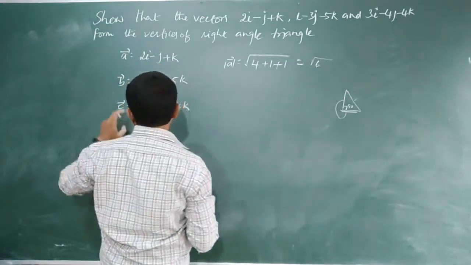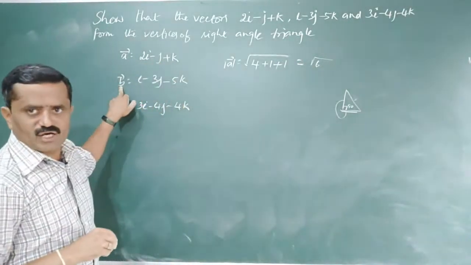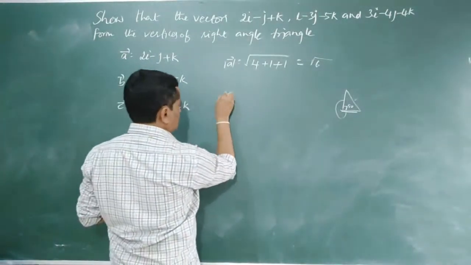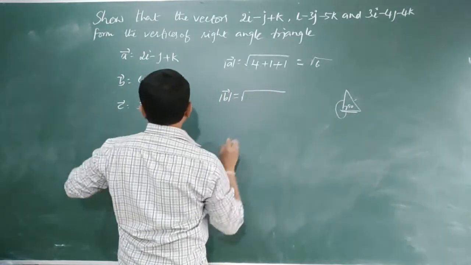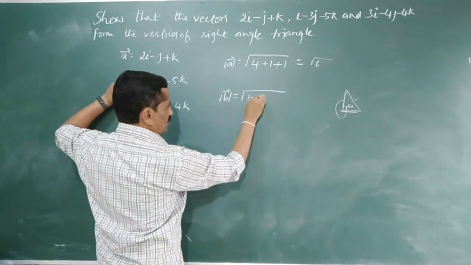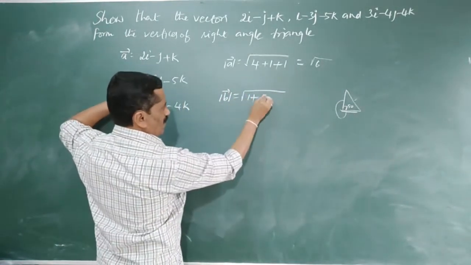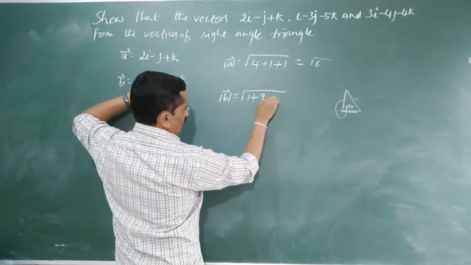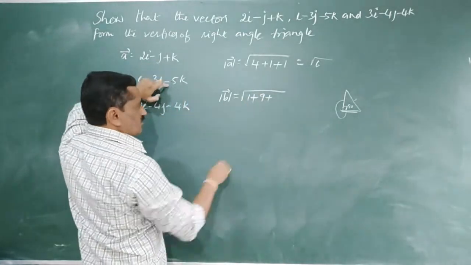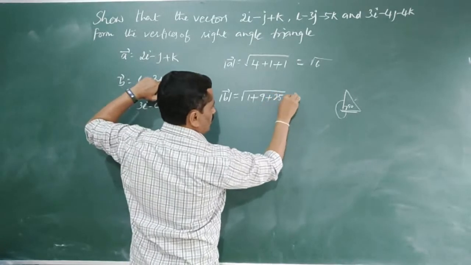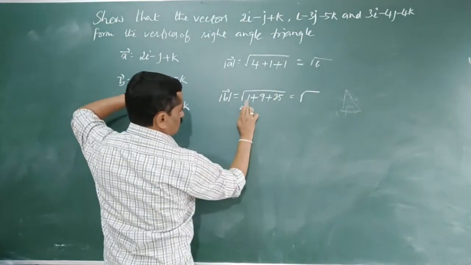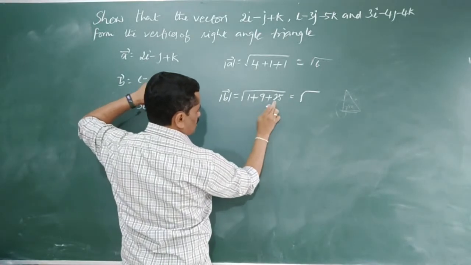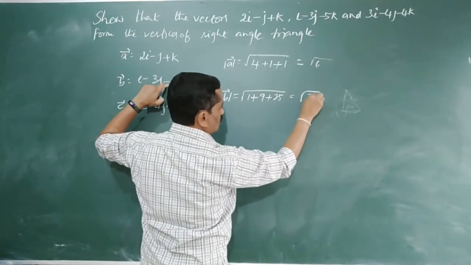Again we need to find the magnitude of vector b. The magnitude of b bar is equal to the square root of 1 square, 1, plus minus 3 whole square, 9, plus minus 5 whole square, 25. That is root of 1 plus 9 is 10, plus 25 is 35, root 35.